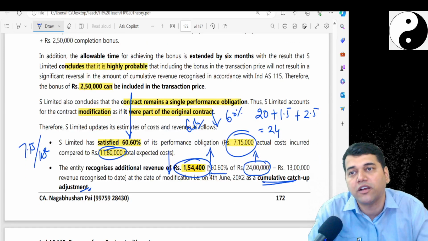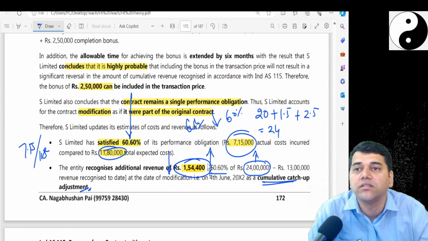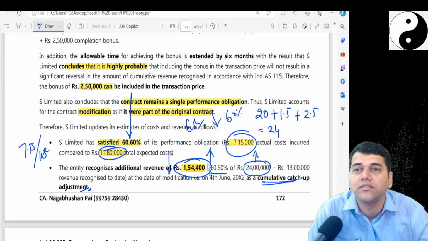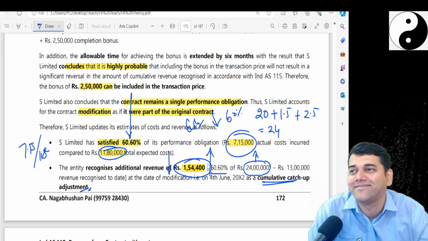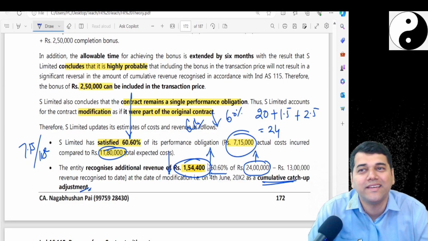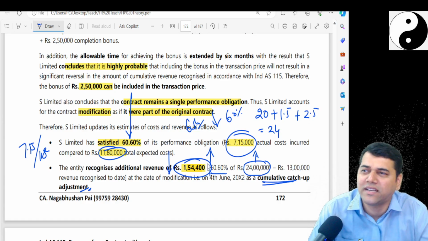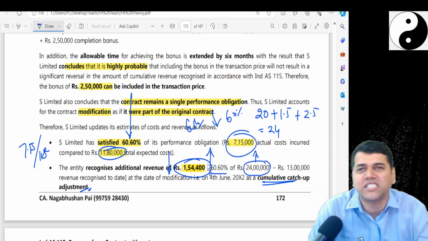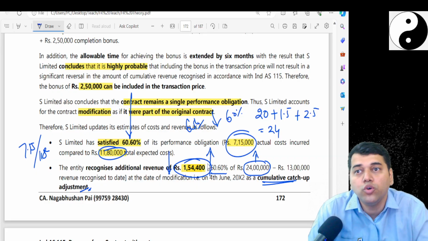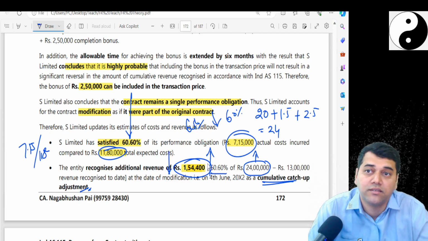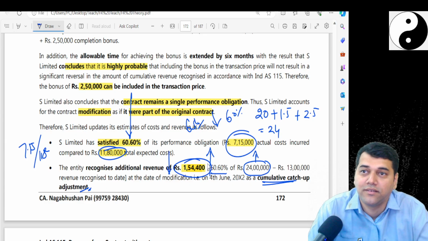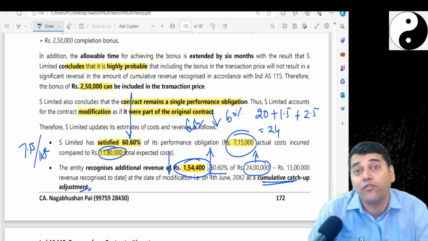Should you not pass any accounting entry for this? What entry? Did the customer pay? Contract asset you can say, or customer account debit to revenue. Which date? 4th June.